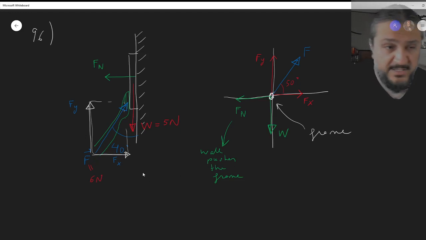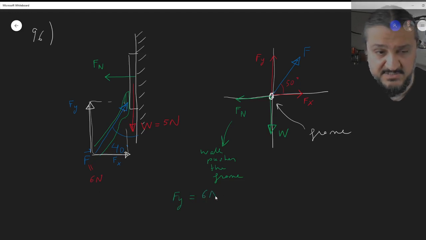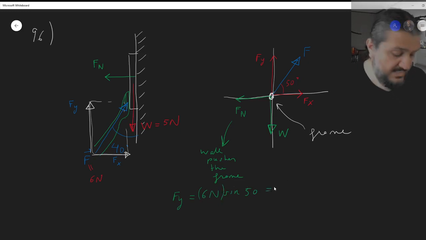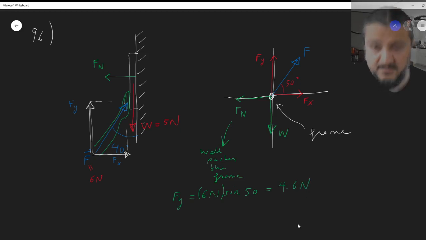Let's see, Fy is what? 6 newtons times sine 50. 6 sine 50 is 4.59, let's call it 4.6 newtons.